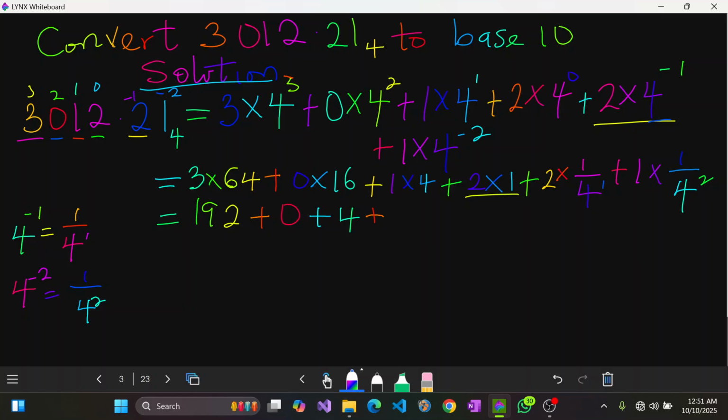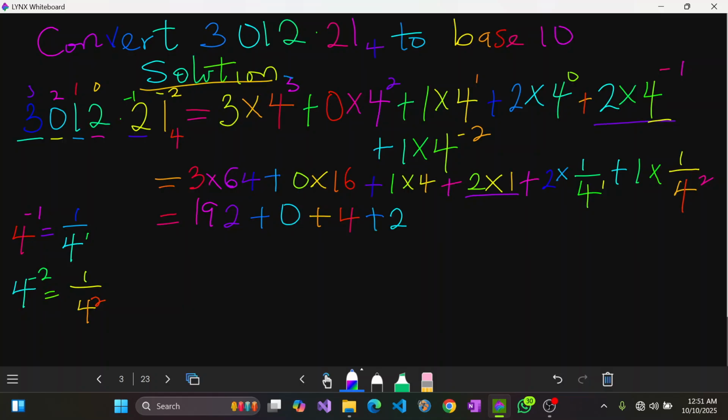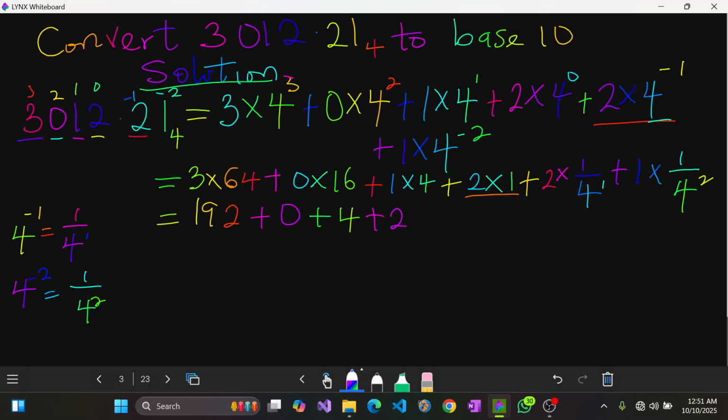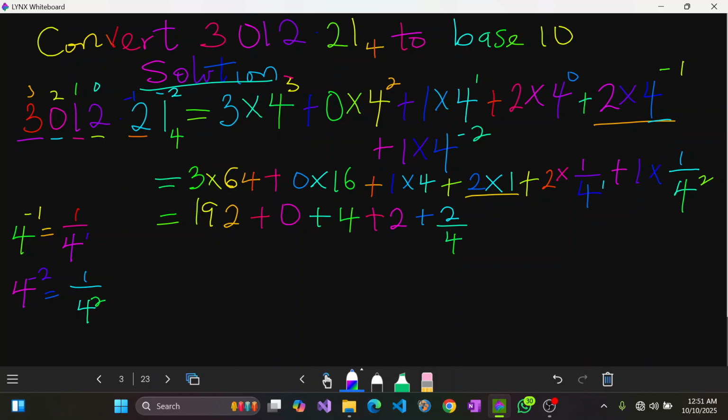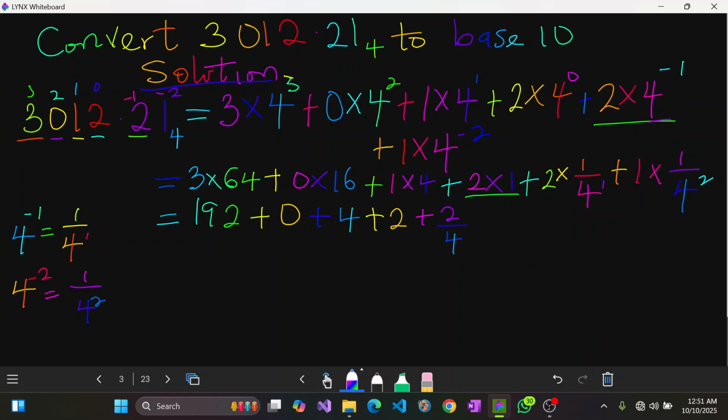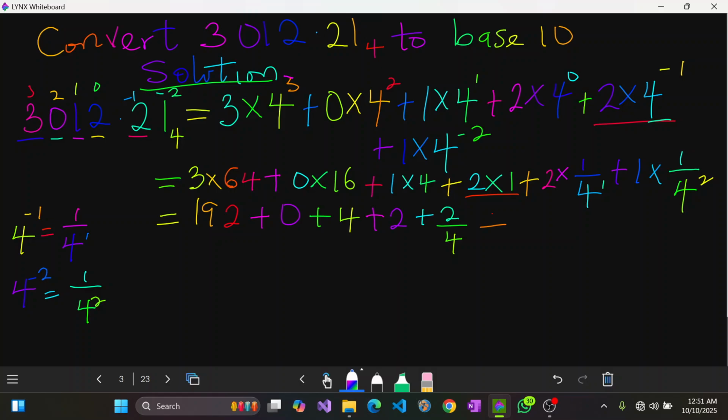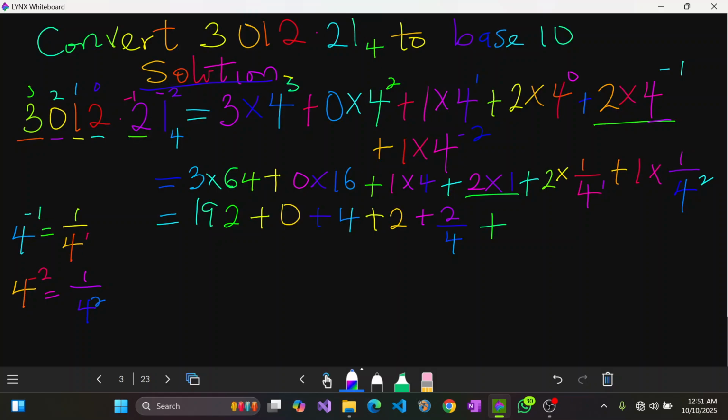Then we have plus 2 times 1 over 4, that's 2 over 4, which I am still going to simplify into the lowest terms. 2 over 4 is 1 over 2. So plus 1 over 2, plus 1 over 4 squared, which is 1 over 16.